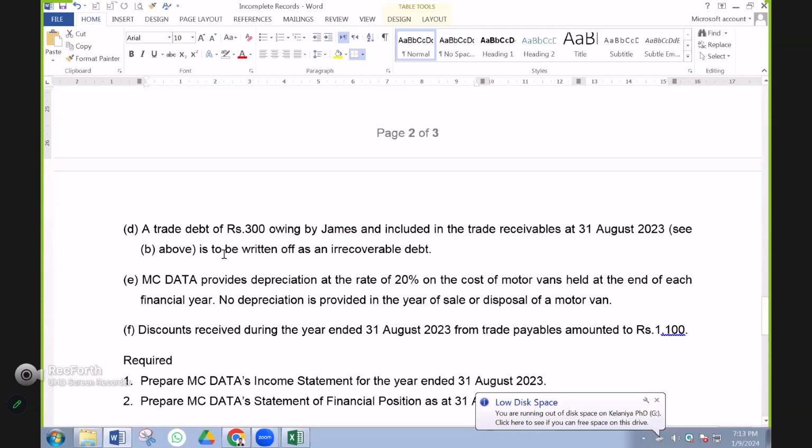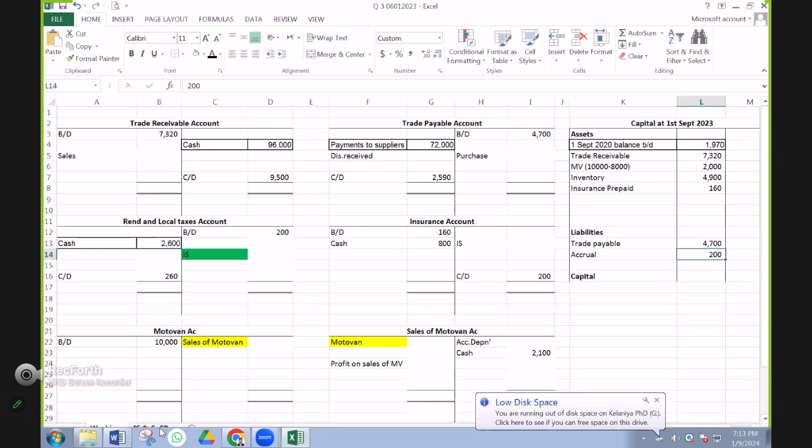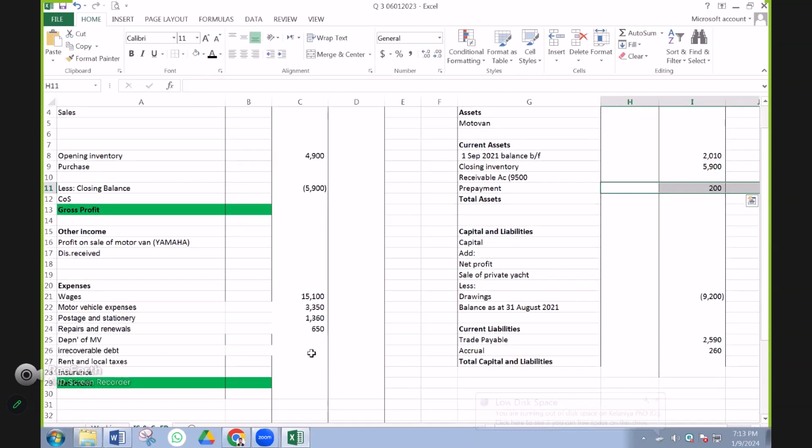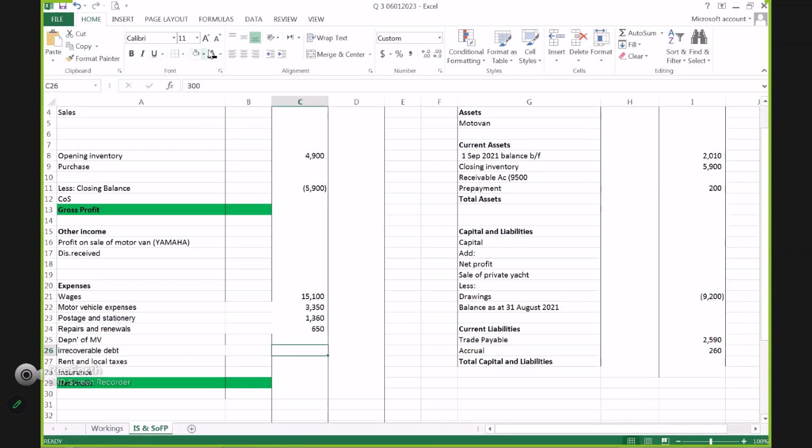It is an expense in the statement of income, and it is transferred to the income statement.